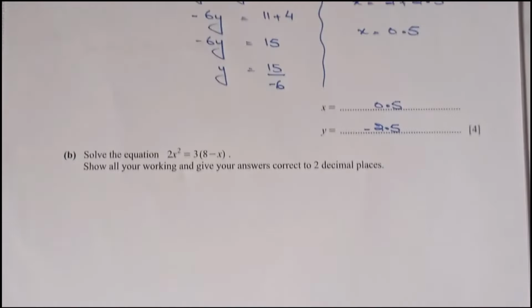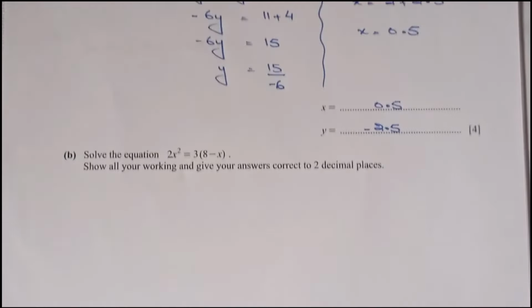Now for part B, solve the equation, show all your working and give your answer correct to 2 decimal places. Okay, so first we need to arrange the equation. It would be 2x squared equals 3 times 8, which is 24, minus 3x. So 2x squared plus 3x minus 24 equals 0.